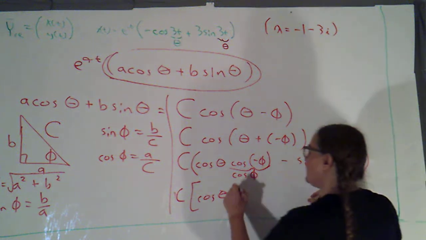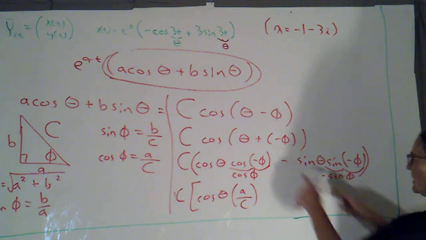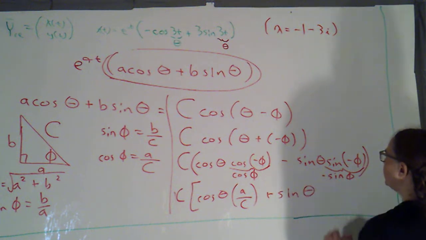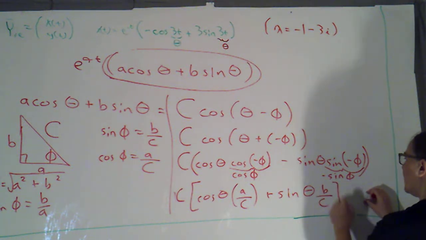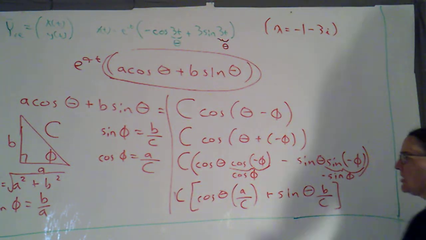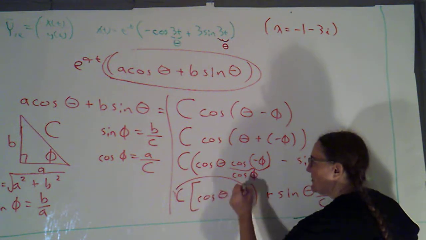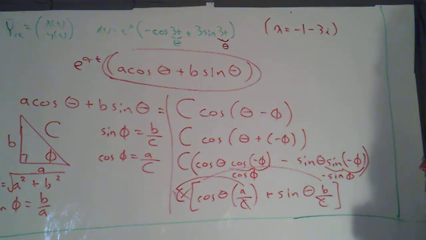And cosine of phi, we said, was a over c. Minus a negative becomes plus sine theta times sine of phi, which we said was b over c. But now when I distribute that c, it's going to cancel here and here.